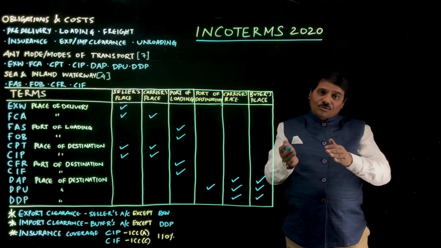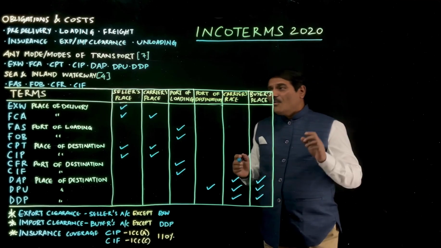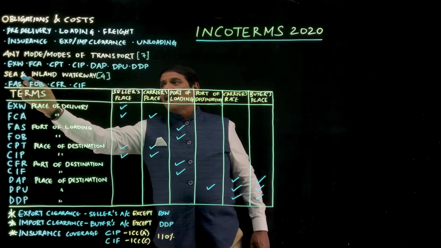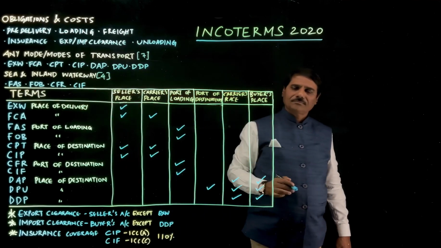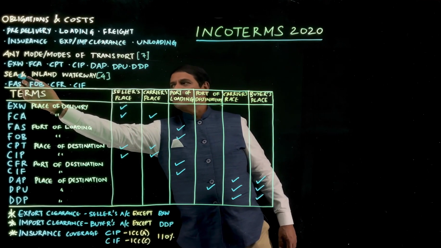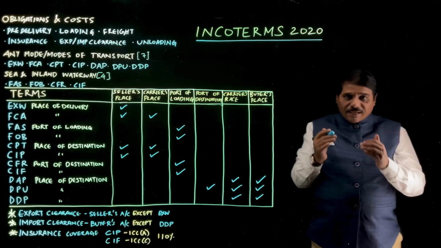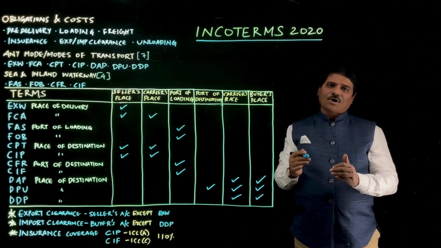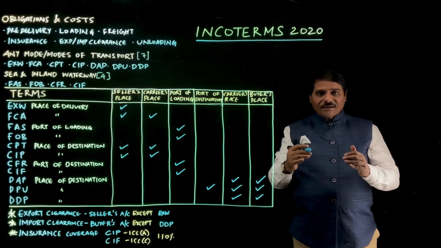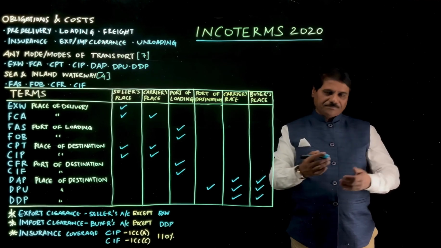Seller will go and load the goods on board the ship. In such a case, the most appropriate international commercial terms are sea and inland waterways. So, those 4 terms given under sea and inland waterway are primarily suitable for bulk shipments, where the seller has access for loading the goods on board the ship.